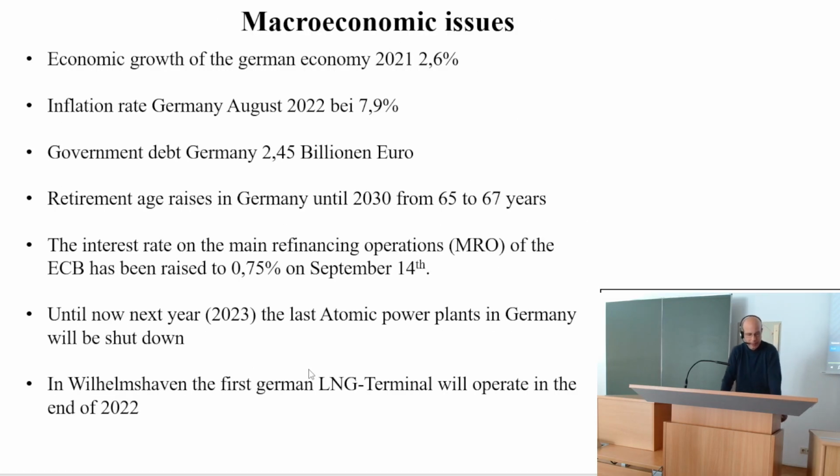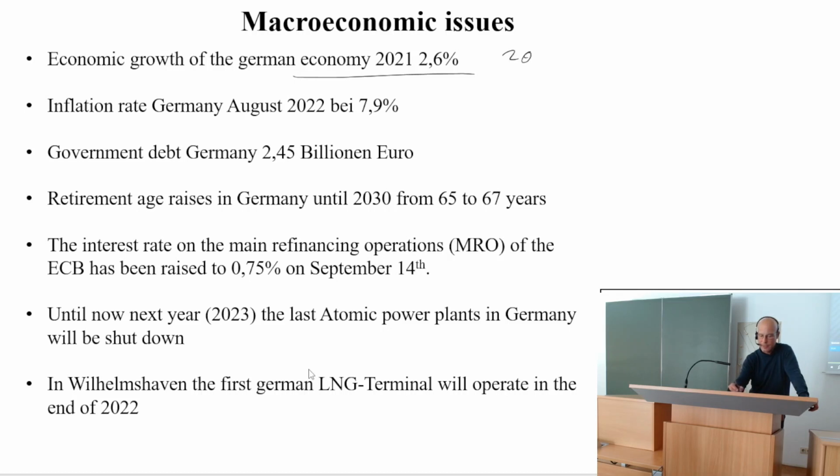And as a first starting point during this lecture, I will show you also many data series in history. So some data which we have. For example, the economy in Germany has still grown directly after Corona with 2.6%.